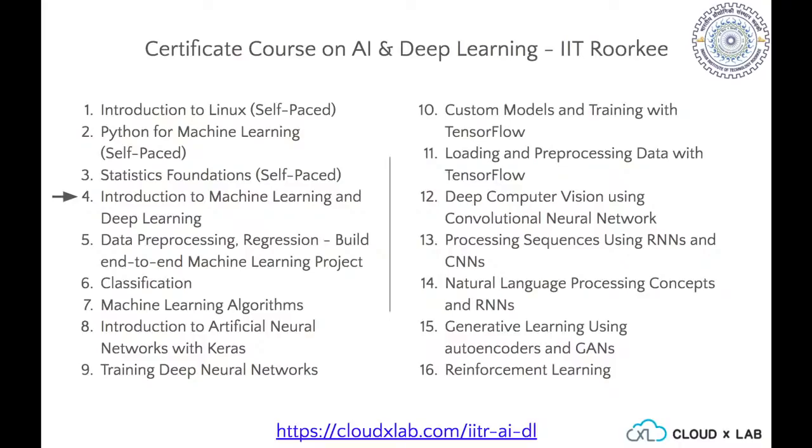In chapter number 15, we will learn what is generative learning using autoencoders and GANs. What is generative? It's called GAN, generative adversarial network. Most of the things that we learn in machine learning are about predicting a number, predicting a class.